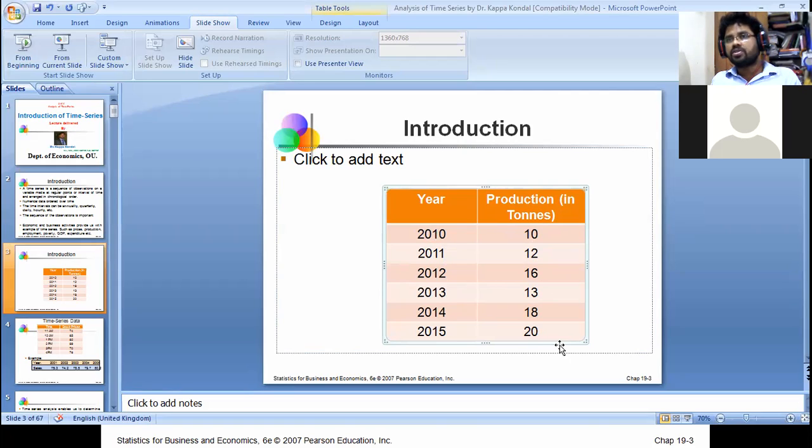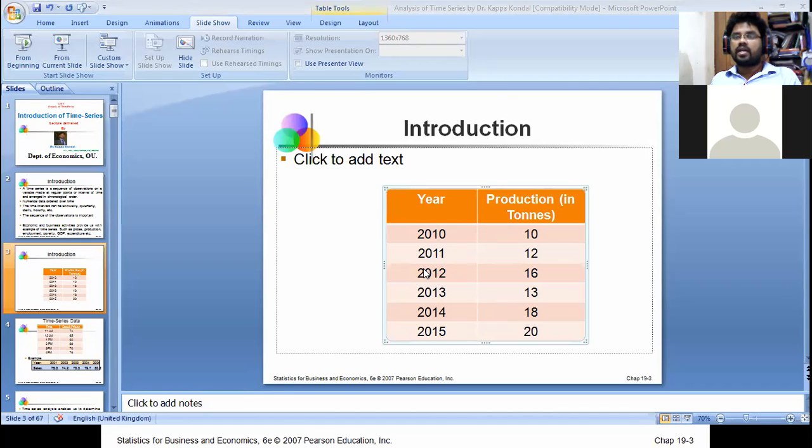If you collect information at regular points or regular intervals, for example 2010 and 2011, year wise, this is called year wise data. If you want to collect daily, or second wise, like this, you can take stock prices. You can also take hourly or weekly data, for example wholesale price index, or retail prices in a particular week.